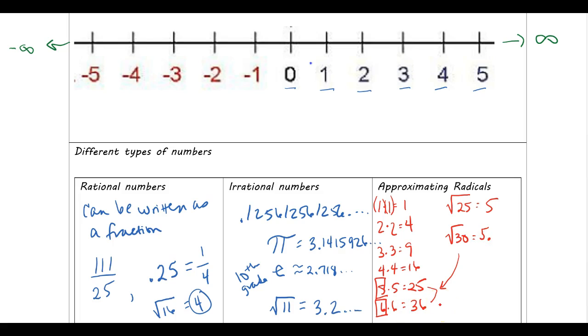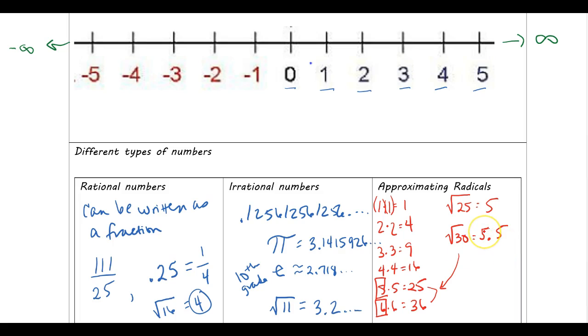Now, the way you decide on the point something is I always look at, is 30 closer to the one that goes with 5, or is 30 closer to the one that goes with 6? Well, 30 is a little bit closer to the one that goes with 5, but it's pretty much right in between. So I would probably call it a 5.5, because 5 is right there in the middle between 1, 2, 3, 4, 5, 6, 7, 8, 9.